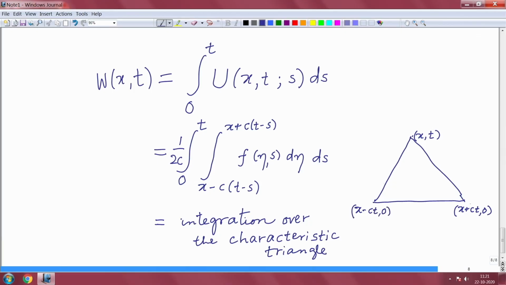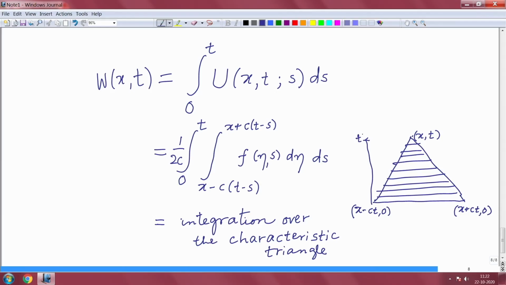So, these two sides of the triangle are characteristics, okay, and this integral is nothing but, so first you are integrating along the horizontal lines, that is integration with respect to eta, and then you are integrating from 0 to t. Okay. So, that is this integral, integral over this characteristic triangle. So, 0 to t.